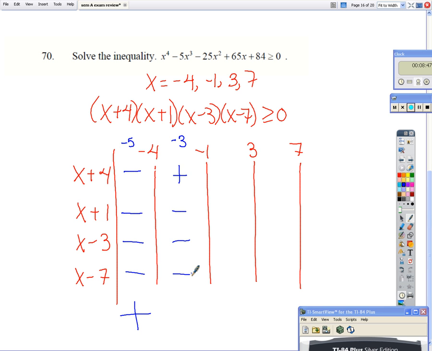So when I multiply these together, this gets me a negative result. 2 negatives are a positive. A negative times a positive is negative.